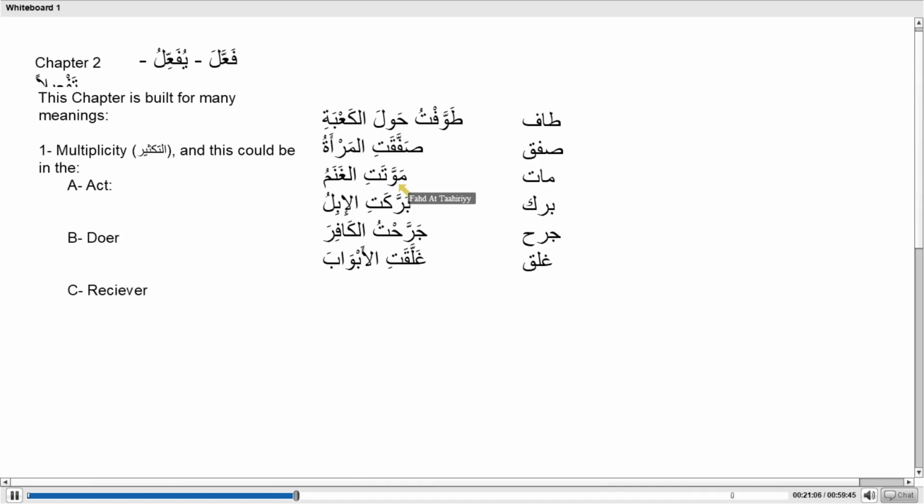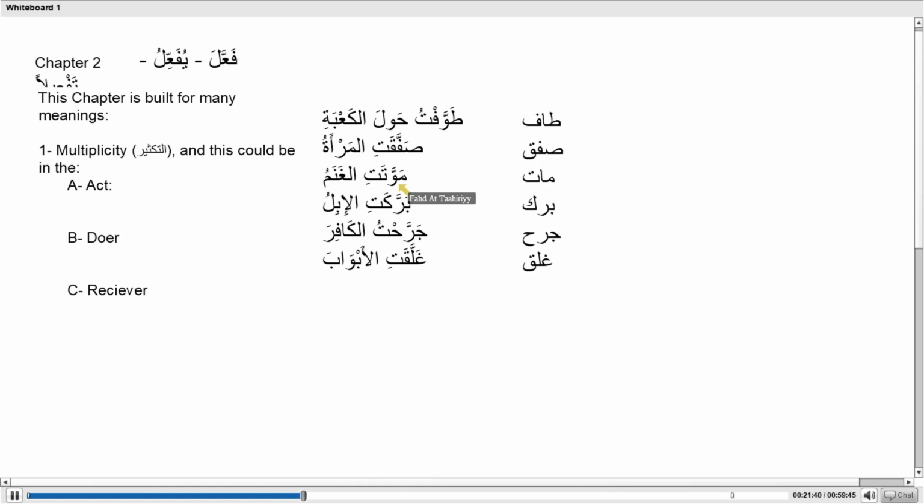Because the verb, when you start with a verb, it only complies with the doer from the aspect of femininity or not. So if the doer is feminine, then you add the ta of femininity, otherwise you don't.